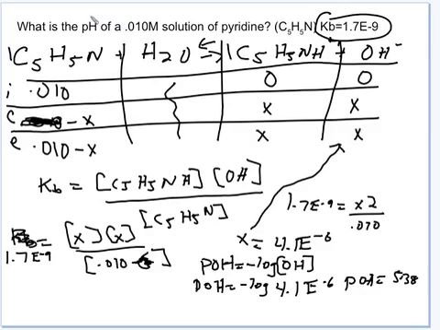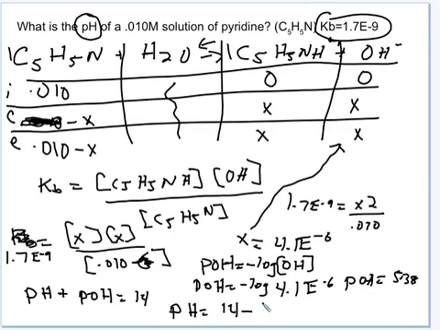But it doesn't want the pOH, it wants the pH. We know that pH plus pOH equals 14. So the pH is going to equal 14 minus our pOH, which was 5.38.